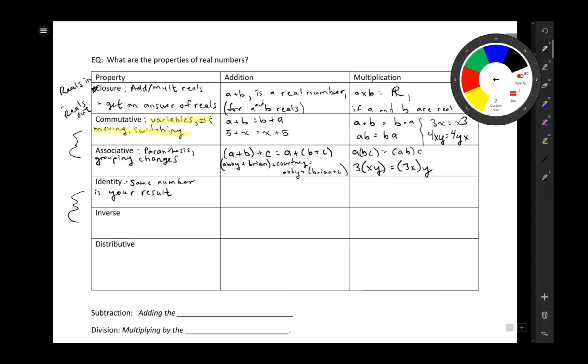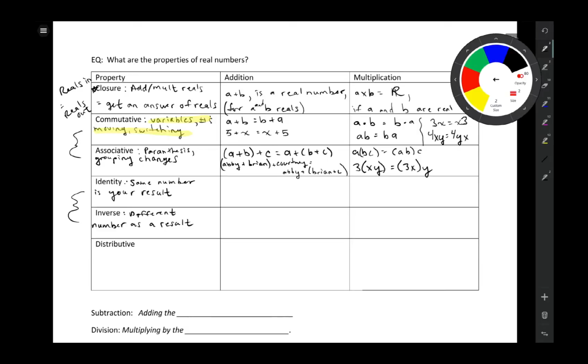Inverse, we're going to talk about, you get a different number as a result. Now, it looks different for all these cases with addition and multiplication.